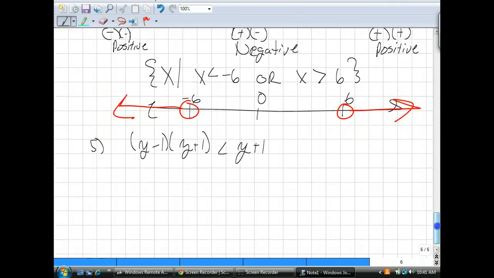Well, at first glance we would think that that is factored already, but remember that we have to get it set equal to 0. So what we really have to do here is multiply it out, get 0 on one side, and then factor again. So this is going to be y squared minus y plus y minus 1. So this is going to be y squared minus 1.